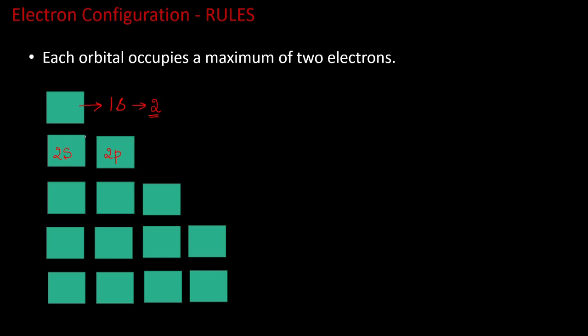Now 2s will occupy 2 electrons, but when we talk about 2p here, you see that this can exist in 3 different orientations: 2px, 2py and 2pz. Now looking carefully, you see 2s can occupy 2 electrons, 2px can occupy 2 electrons, 2py can occupy 2 electrons and 2pz can occupy 2 electrons. So basically we have 8 electrons that can fill in the second shell.